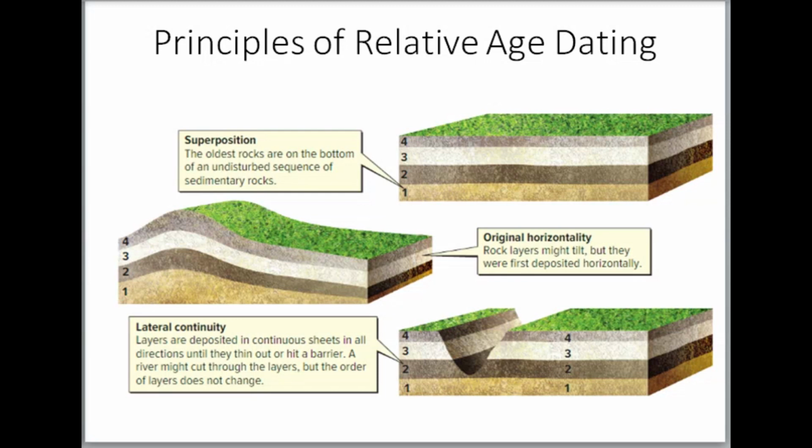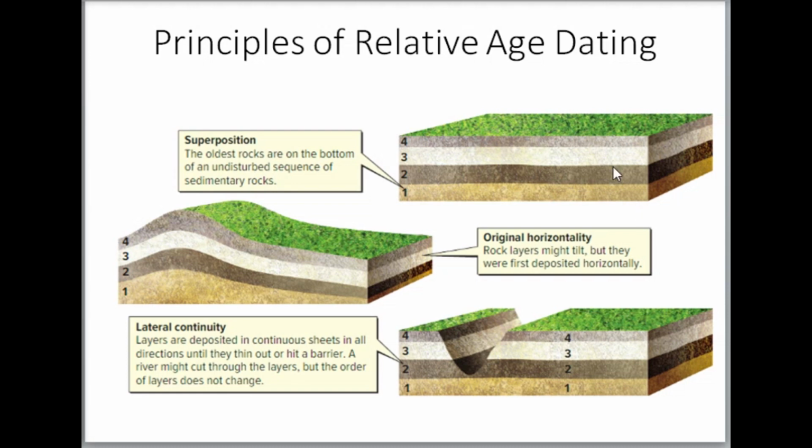Here we have the principles of relative age dating. These allow us to figure out how old a rock is in comparison to another rock. The first principle is superposition, and this is effectively saying that the rock layers at the bottom are older than the rock layers at the top. So youngest at the top, oldest at the bottom.